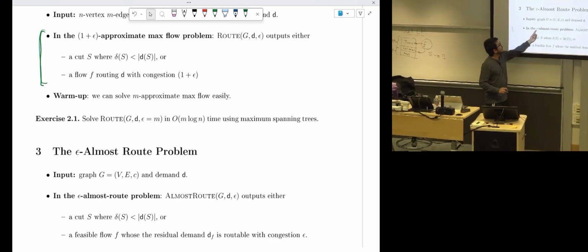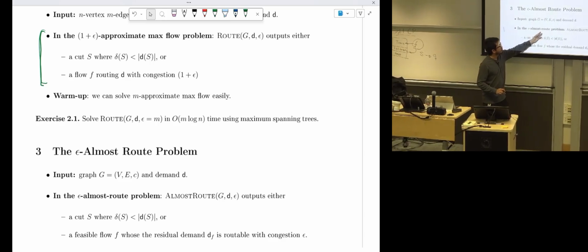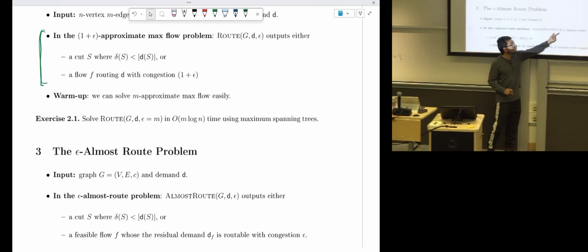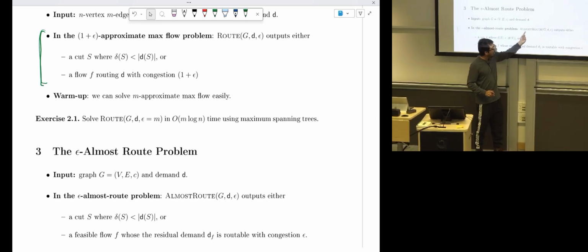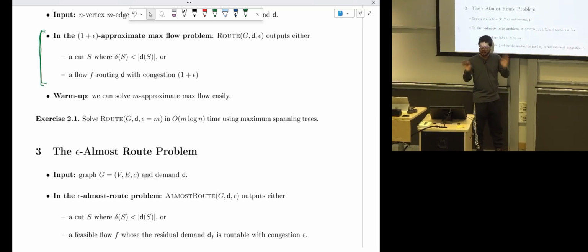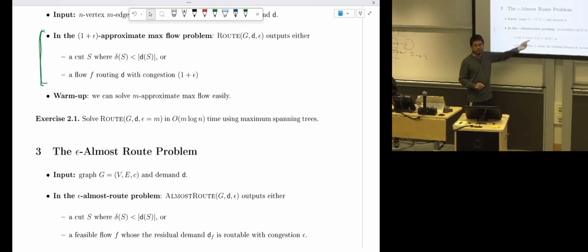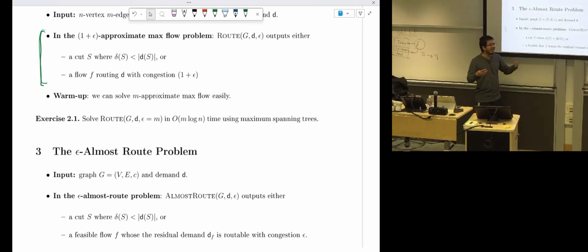This problem is epsilon almost route, where you get the same input, but it does the following. It either outputs the same cut, the certificate, let's call it violating cut, which says that the demand is not routable with congestion 1.